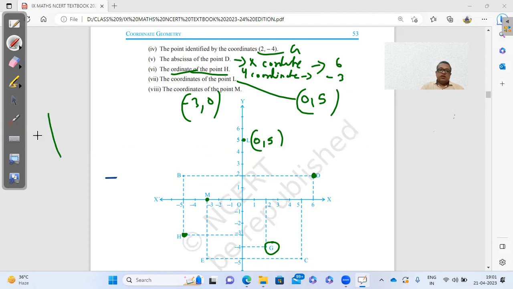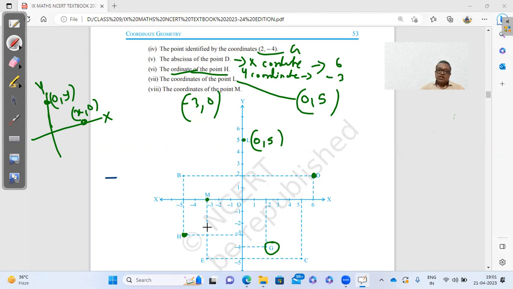Whenever you have a point on the x-axis, remember, there will be an X value, but no Y value. So X, 0. And whenever there is a point on the y-axis, there will be no X, but there will be a value of Y. That is why for L, X is 0 and Y is 5, so 0, 5. For M, X is -3 and Y is 0.